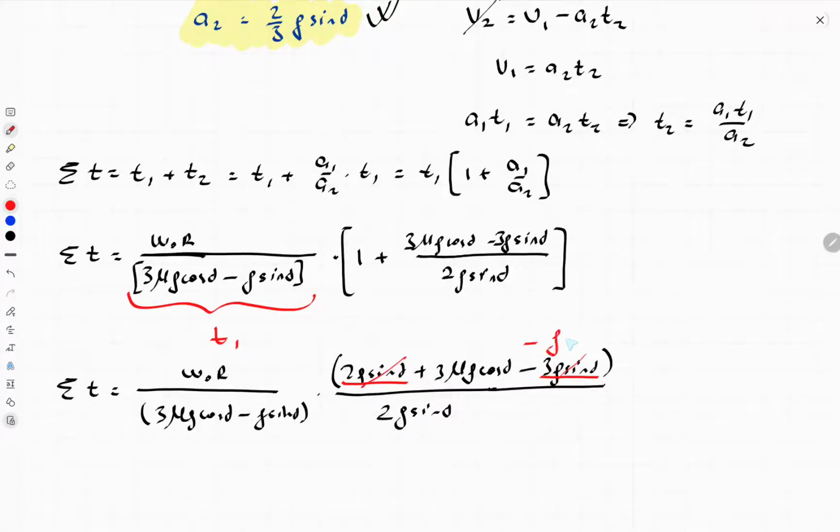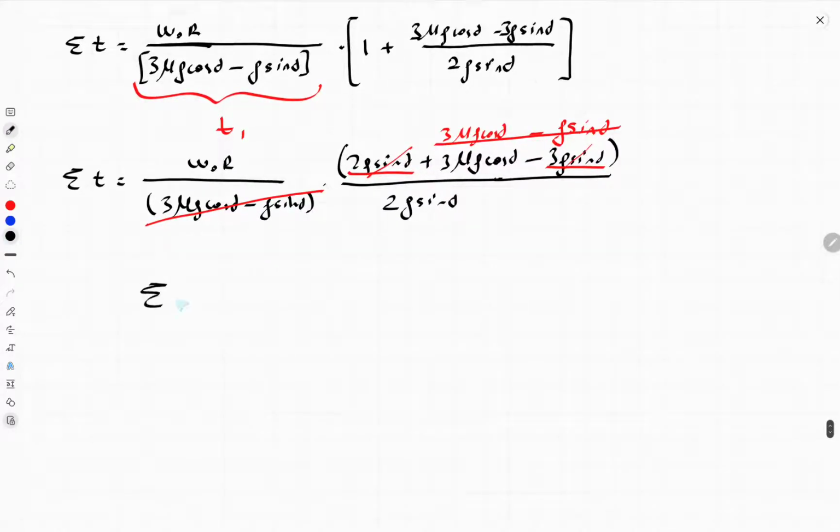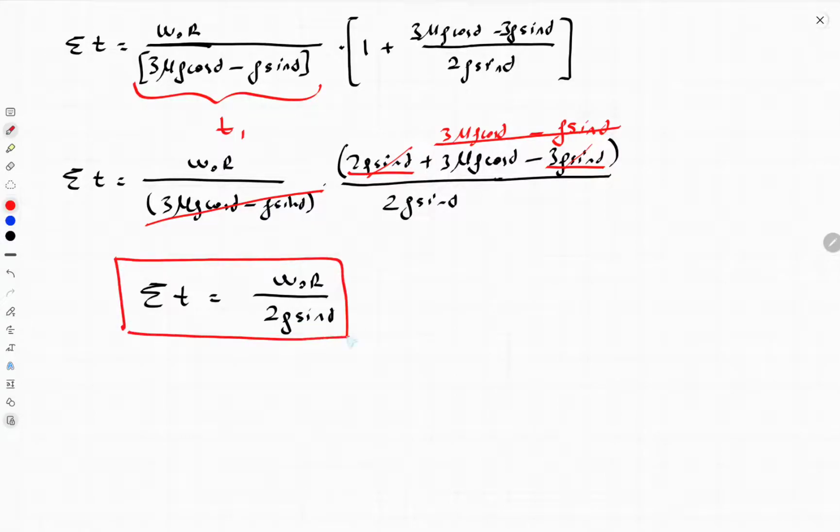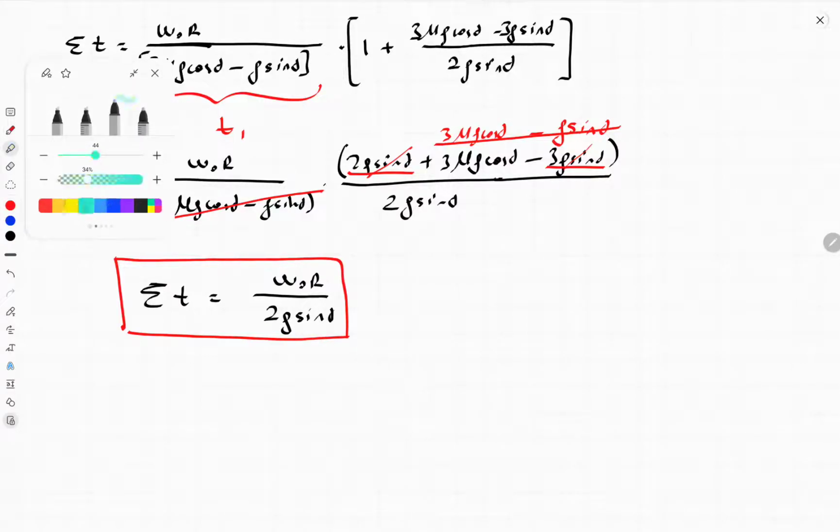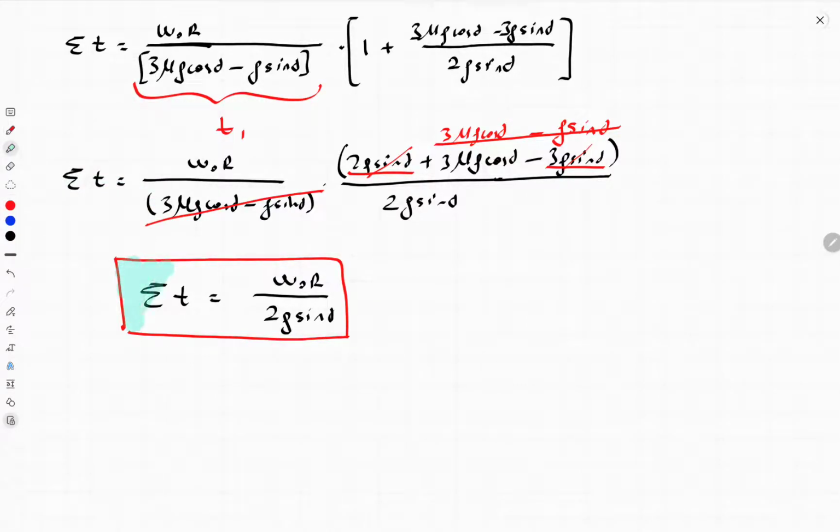Here we will have negative g sine alpha. So basically 3 mu g cosine alpha, this part, which is equal to this one. So the final answer will be total time equals omega 0 r over 2 g sine alpha. So this will be the final answer. After this time, it will reach its maximum height.